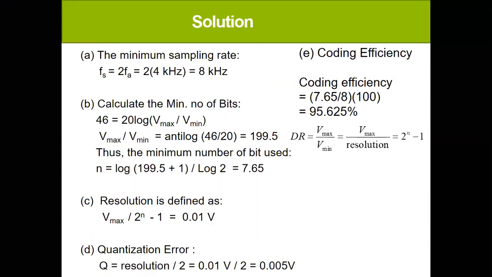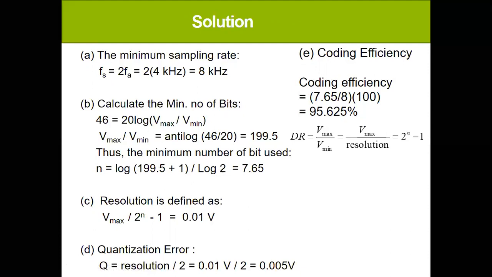So 2 to the power n equals 199.5 plus 1. So n means log base 2, or log 10 divided by log 2. So this is the formula. So n is 7.65.